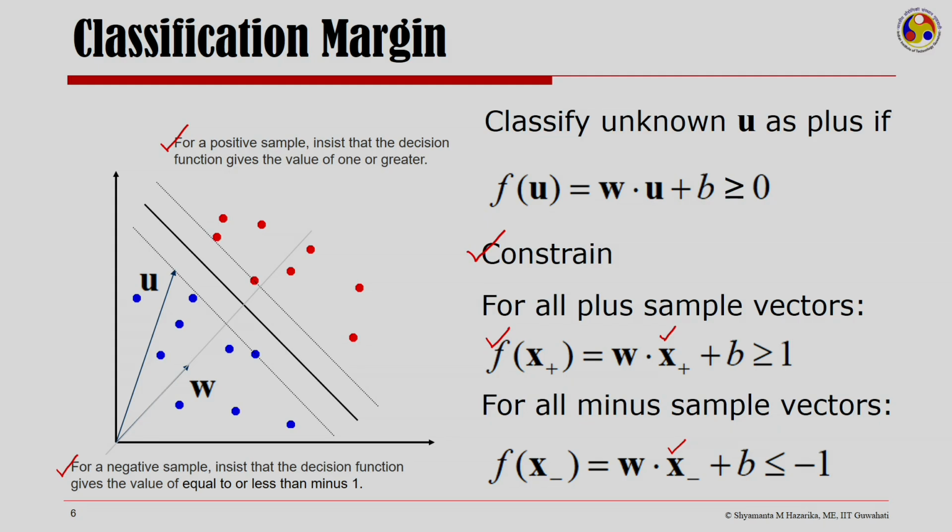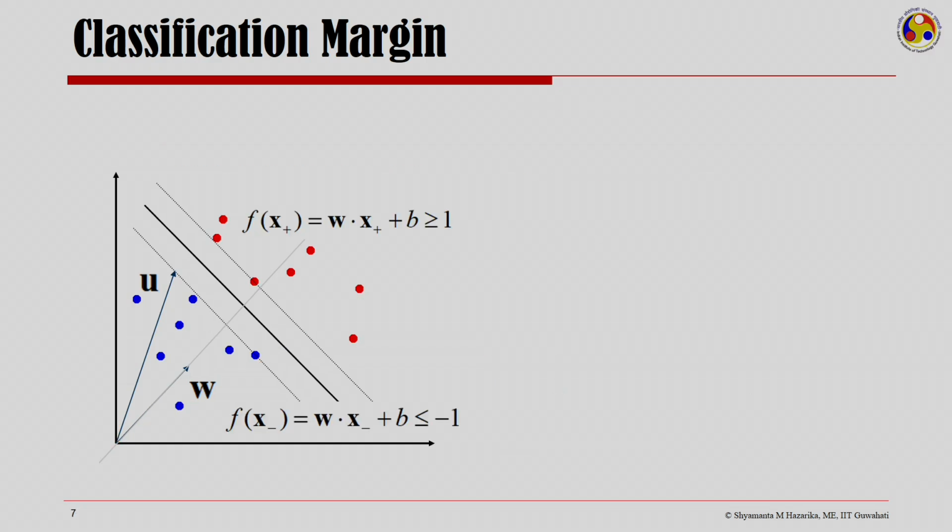So, the constraint enforces that any vector that comes to the positive side here will give +1 or more, or if it stays in the negative samples, then it will give less than or equal to -1.